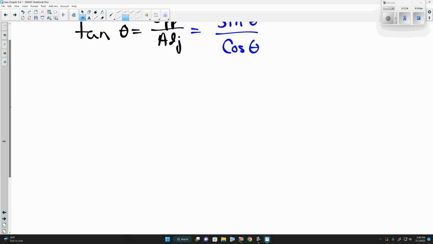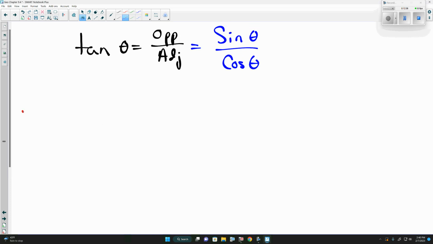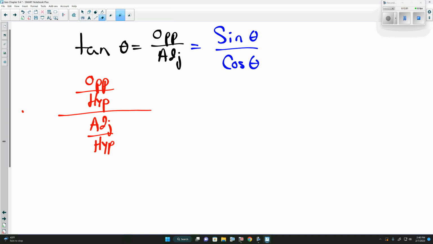You don't have to just take my word for that, because we said sine is what? Opposite side length over the hypotenuse. And we're saying this is over cosine, which is adjacent over the hypotenuse.